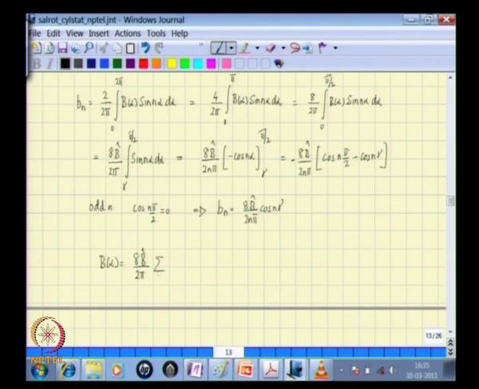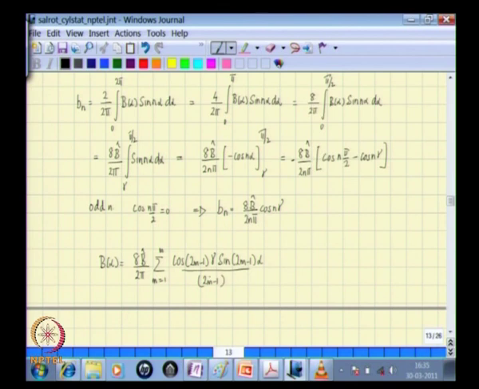sigma m equal to 1 to infinity cos of 2m minus 1 gamma into sin of 2m minus 1 into alpha divided by 2m minus 1.